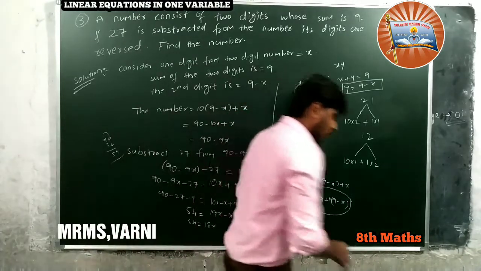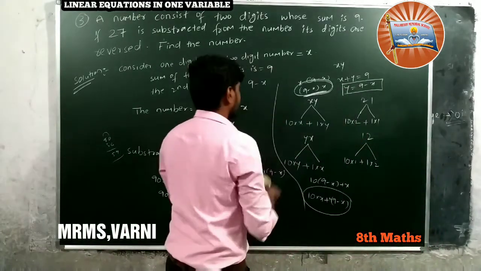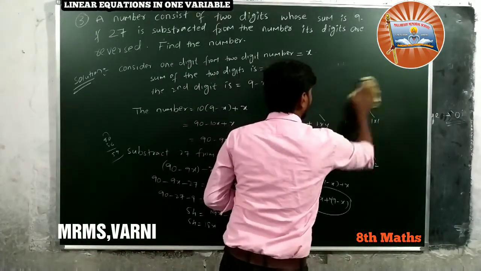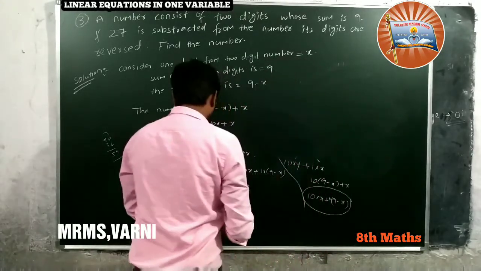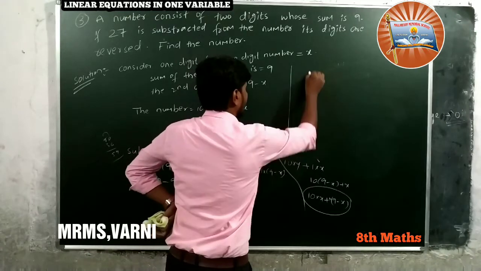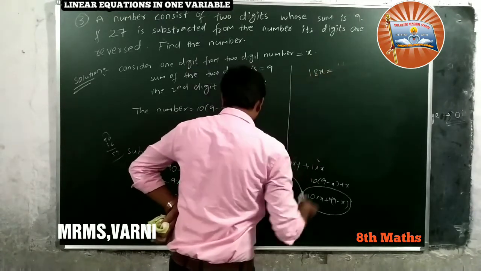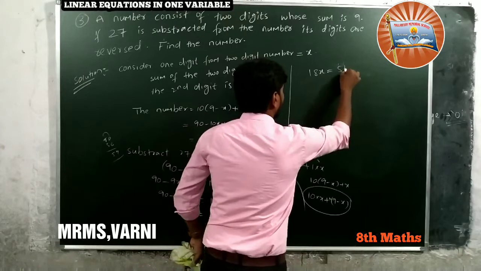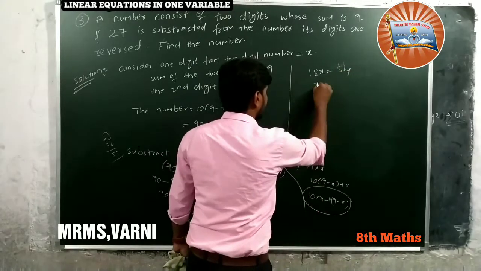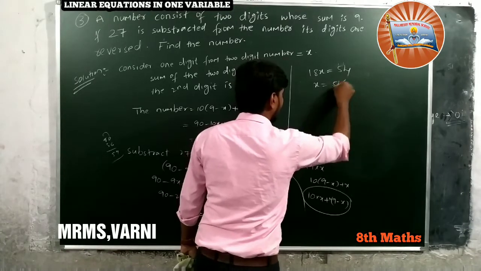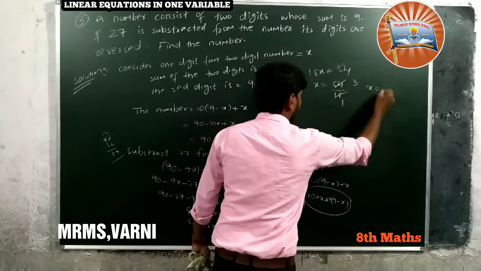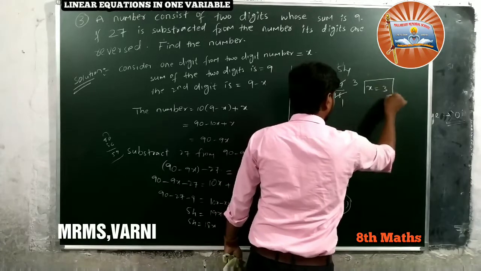Now I am arranging this. 18x is equal to 54, so x is equal to 54 by 18. 18 times 3 is 54. Now we got x is equal to 3.